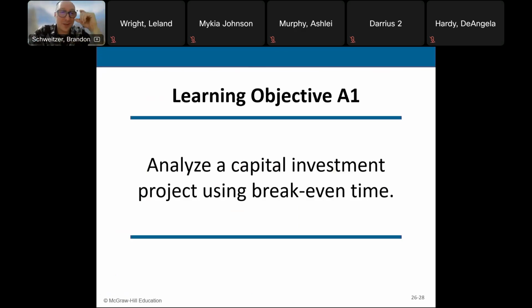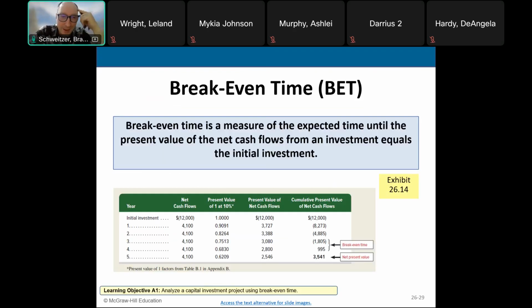So we can use those values when it comes to calculating the break-even time. And just as we've already seen through those earlier computations, we know that the break-even time is where the cumulative amount reaches zero.